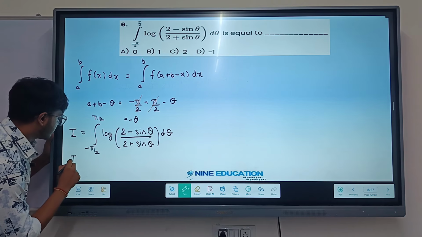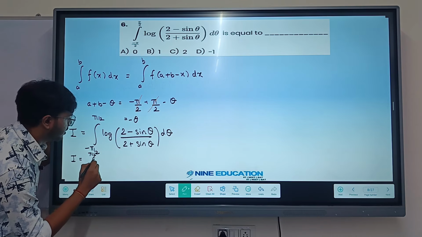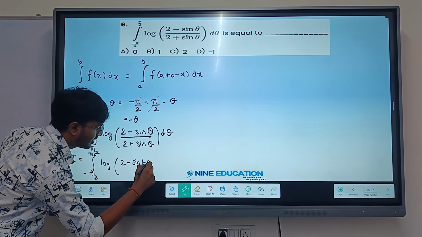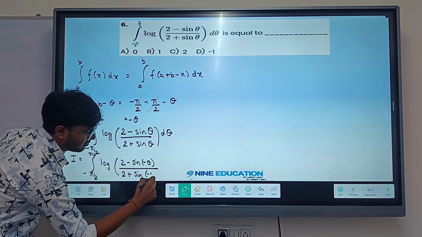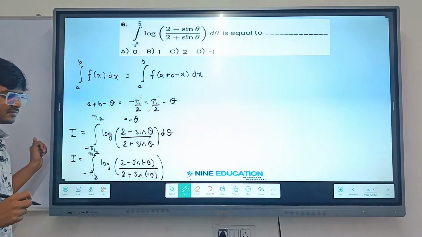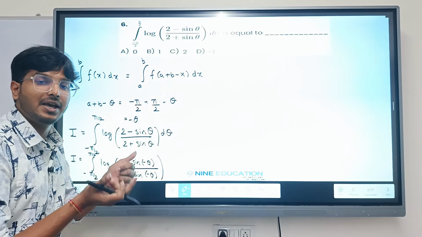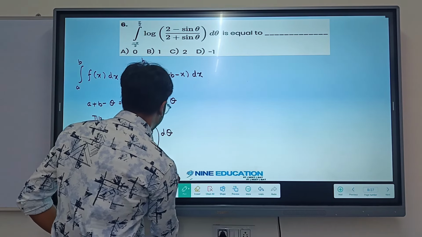Instead of theta, what will I substitute? Minus theta. So I is equal to integral minus pi by 2 to pi by 2 log of 2 minus sine of minus theta divided by 2 plus sine of minus theta. Now sine is an odd function, so sine of minus theta would be minus sine theta. So this minus will come out, this minus will come out.